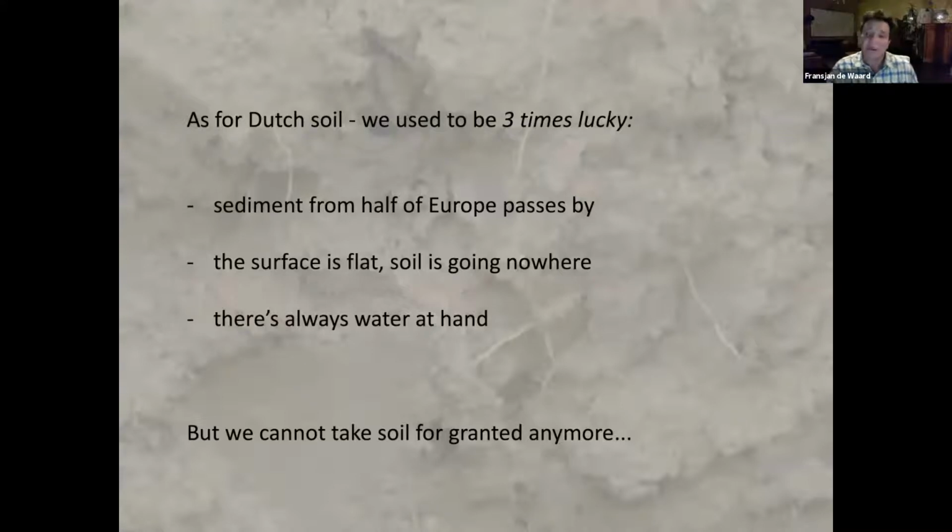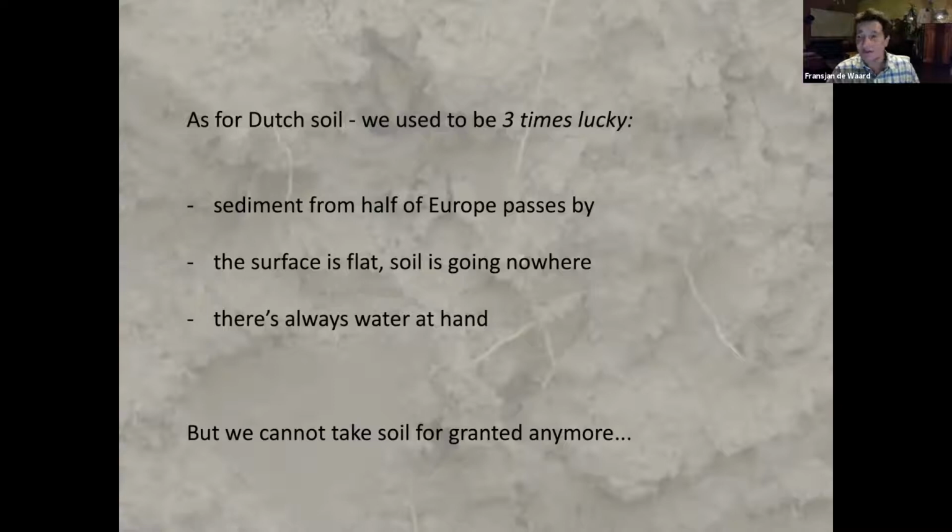Now, in the Netherlands, we have not been very aware of soil, of what it needs, of what it can do for us also. And I tend to say we used to be 3 times lucky, because there are 3 big factors that make it very easy for us so far. As a delta, we get the sediment, which is the minerals from erosion from half of Europe, passing by. This is why we're so fertile, technically speaking.